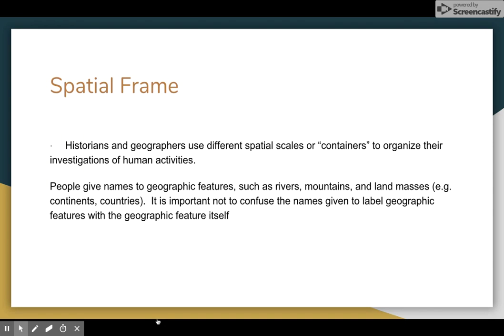Then we talked a little bit about spatial frames and how geography is basically like containers, right? The historians and geographers use these containers to organize human activities. A lot of times these are man-made boundaries, right? They're not naturally there on the floor. People are the ones that divide the land based on who controls it and what they need from it and so on.